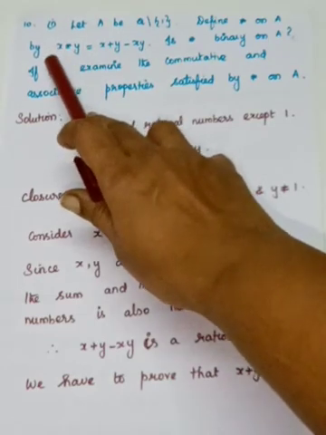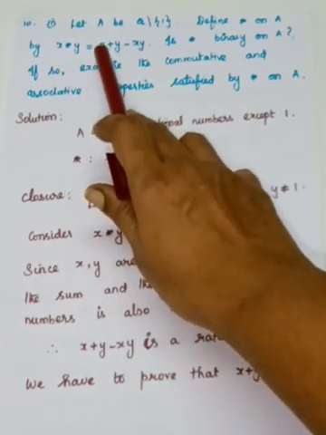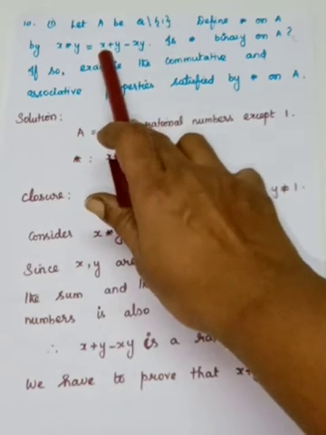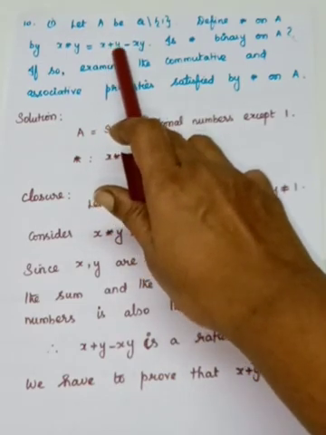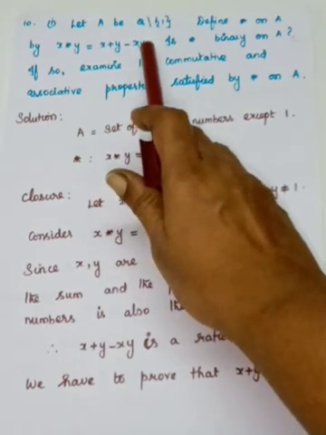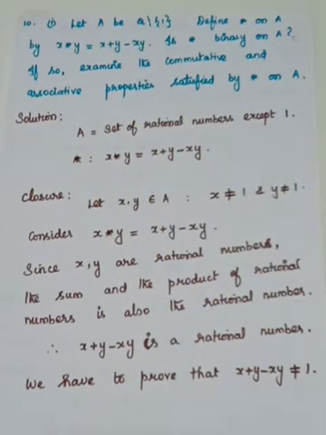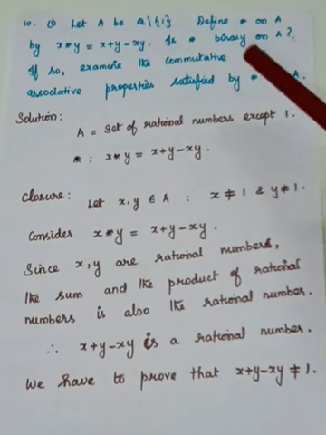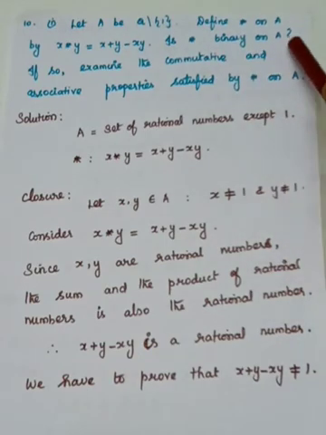If the asterisk is applied between the first and the second number, it means first number plus second number minus the product. So you have to write the first number, then plus, then the second number, then minus, and you have to make the product of those two. So x plus y minus xy.